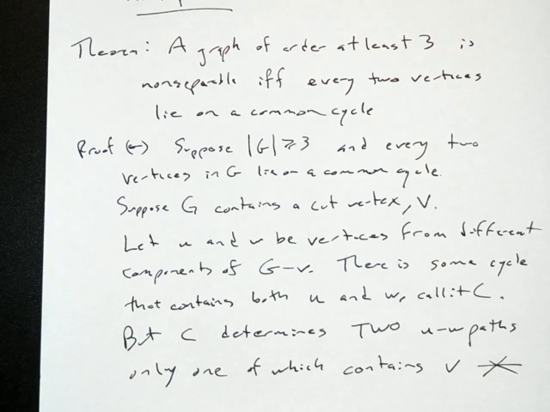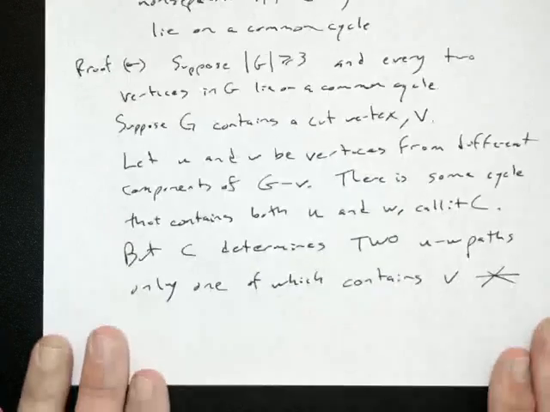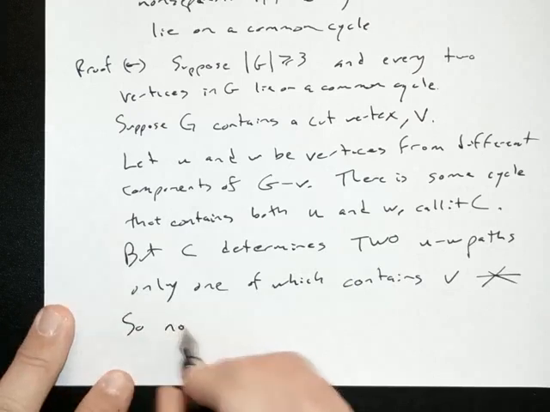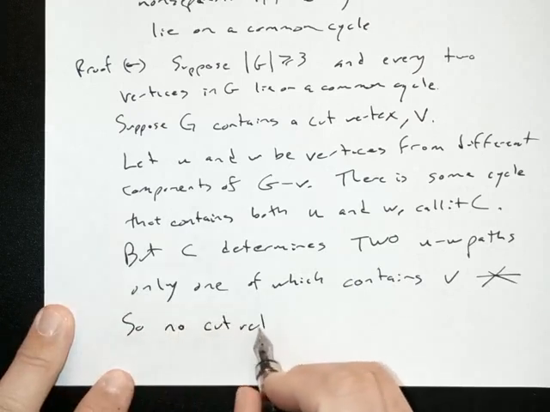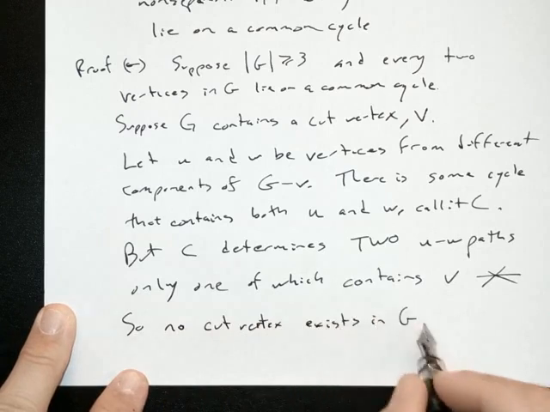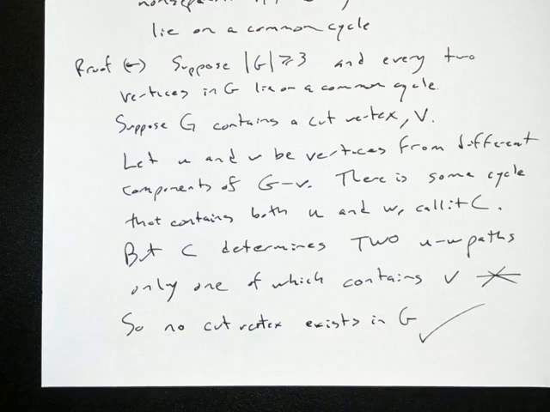You just found me a path that doesn't. It can't be a cut vertex if everything lies on a common cycle. That's the, quote, easy version, the easy direction.